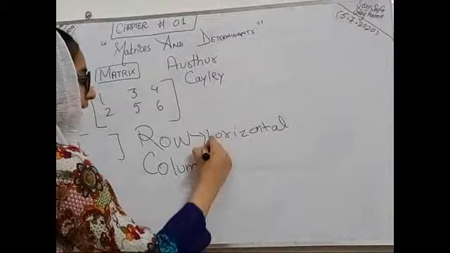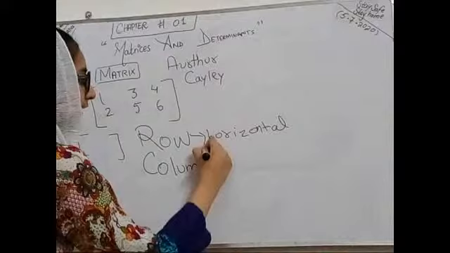So what do we mean by the entries present in a horizontal way? इसका मतलब ये है horizontal way is like this, going like this. It is horizontal. So these are the horizontal entries.